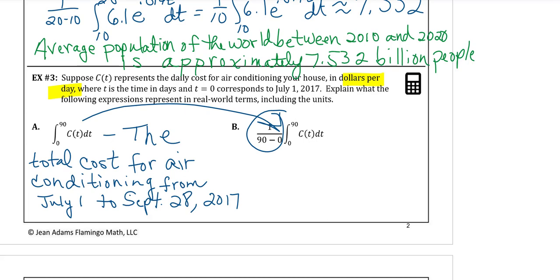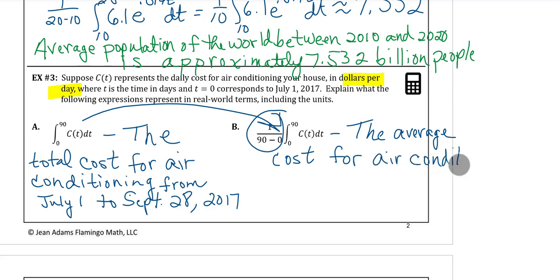Okay, and the next one, the only difference between A and B is the introduction of that fraction. So that changes it from the total cost to the average cost for our air conditioning in the same time frame. And this is in dollars per day.